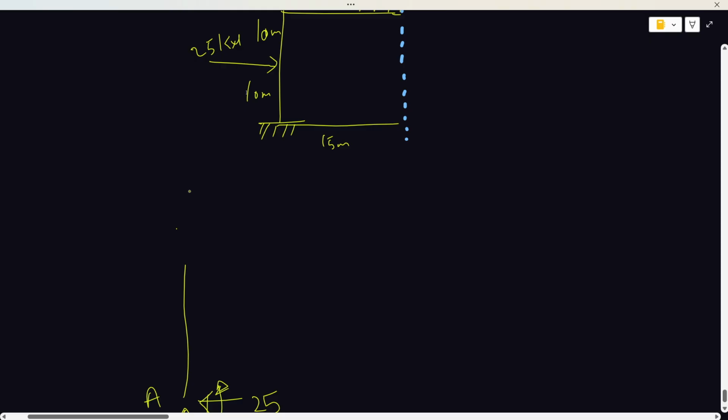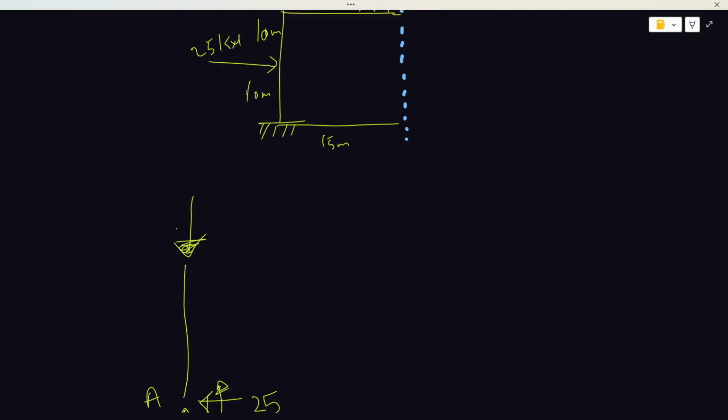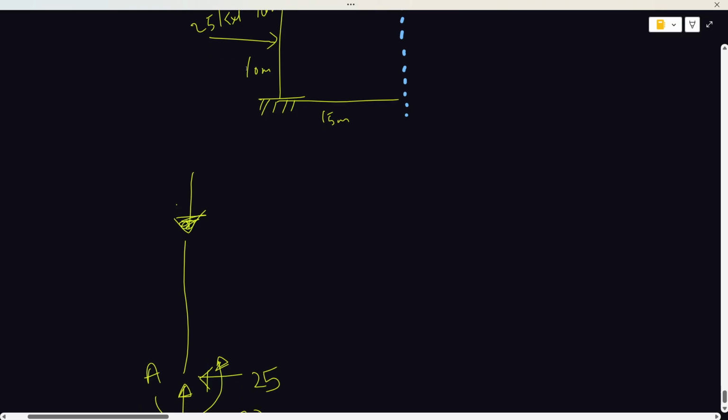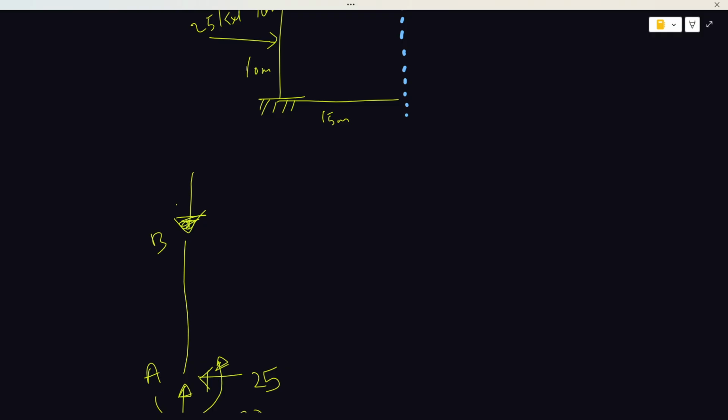When we applied the equilibrium equation to this member to get the internal loads at B, we found that a force will be acting in this direction at that end, which was 24, and there won't be any horizontal force, just a vertical force.